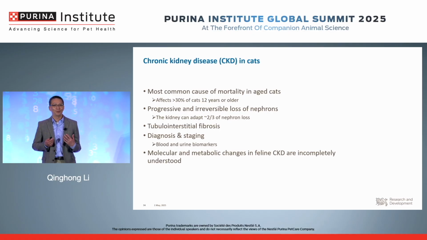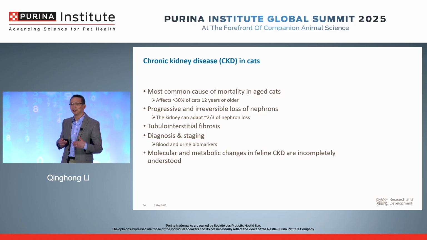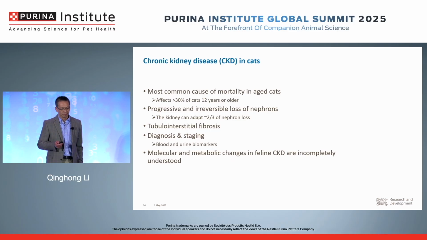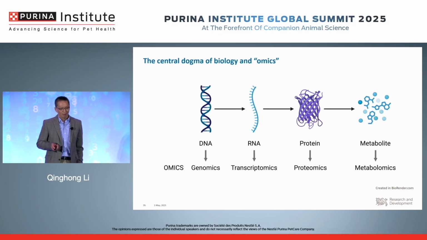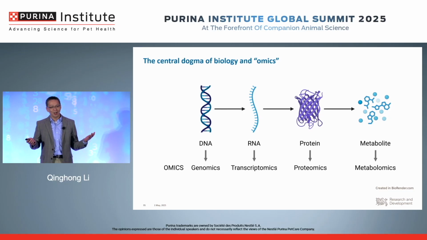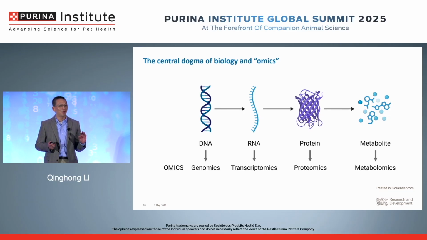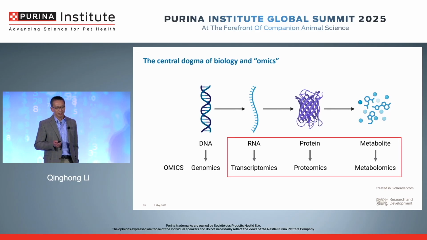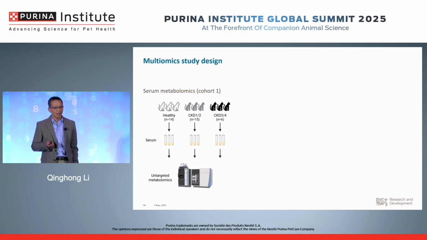So the goal of this study is to bring more molecular insight into the mechanism of that common disease in older cats. Dr. Schneider's talks showed you many omics technologies, and among all of those, we utilized 3 of them in this study: transcriptomics, proteomics, and metabolomics. We'll see that in the next slides.